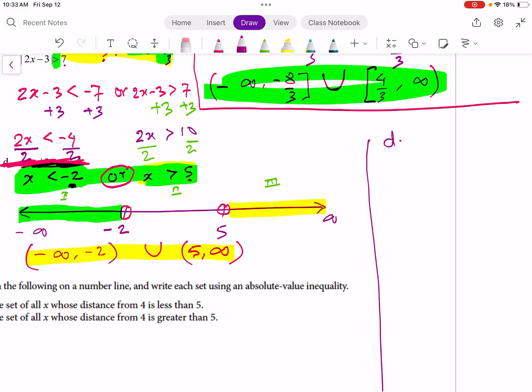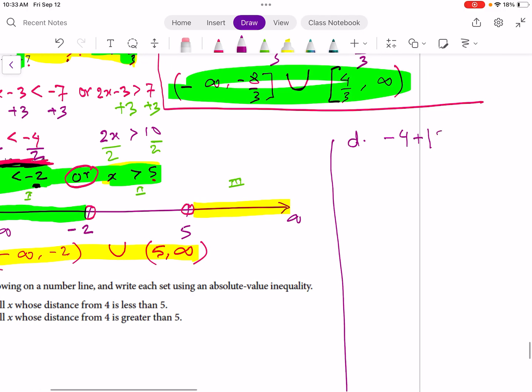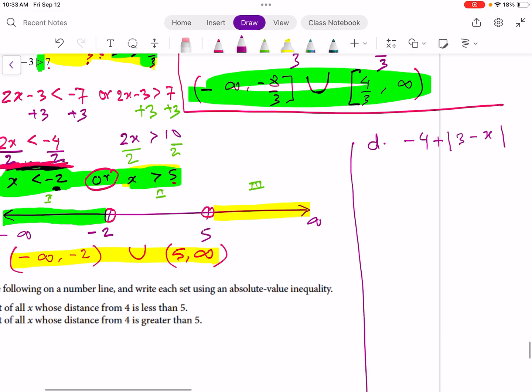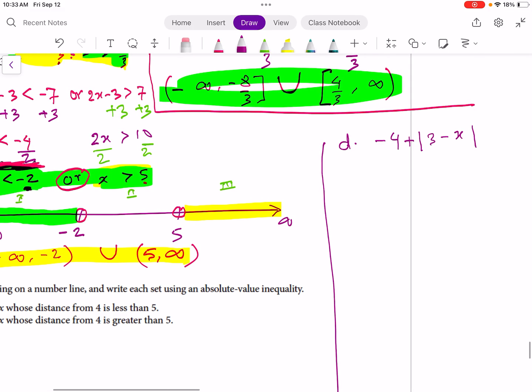Did you say -4 plus absolute value of 3 minus x, less than, okay, greater than +5?